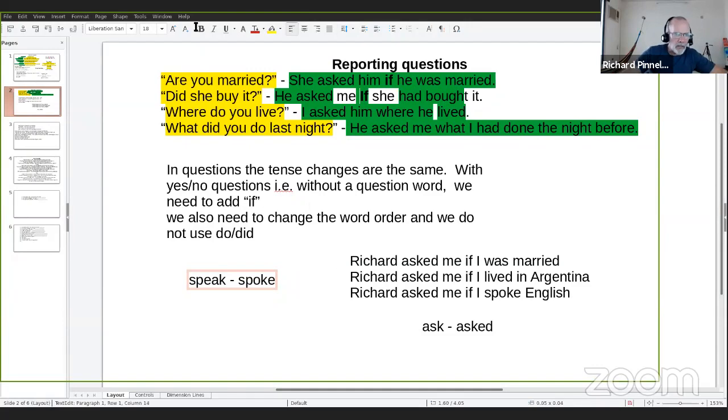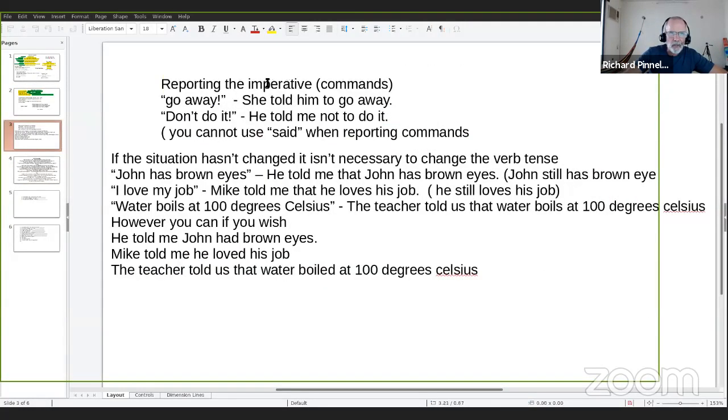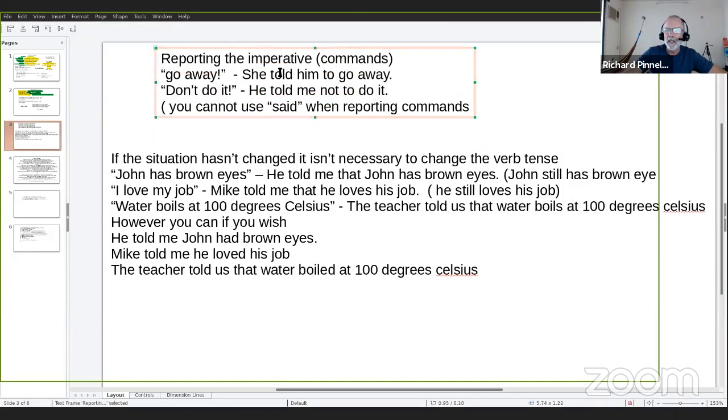Okay, so I think that's covered questions. What else have we got here? Reporting commands or imperatives. If we want somebody to do something, we use the imperative, like go away. It's very direct. We don't usually use the imperative in normal conversation. When we form the imperative, we just use the verb with no subject.